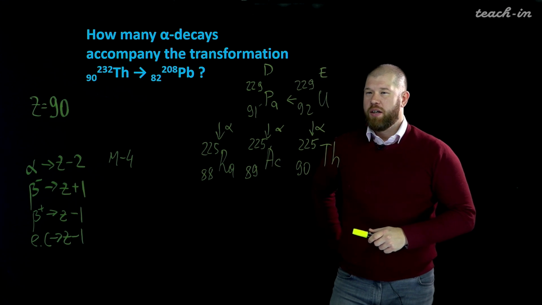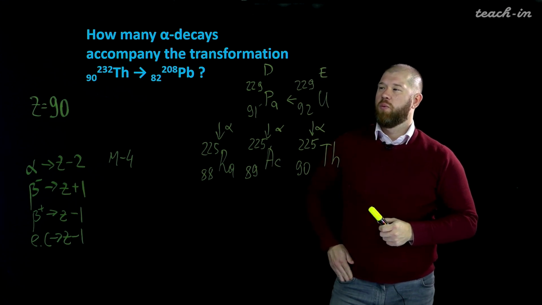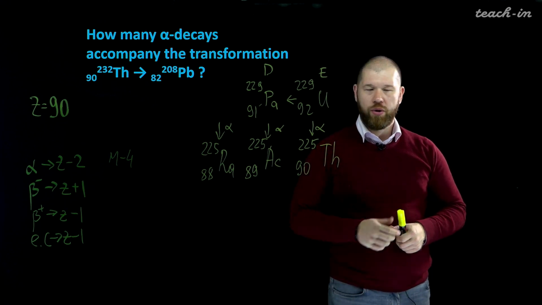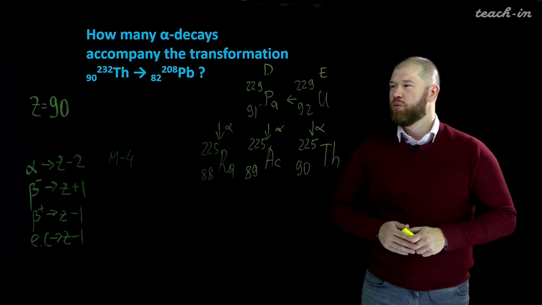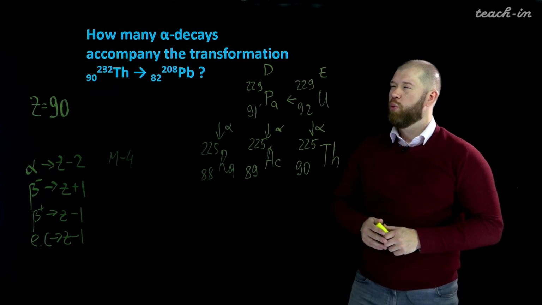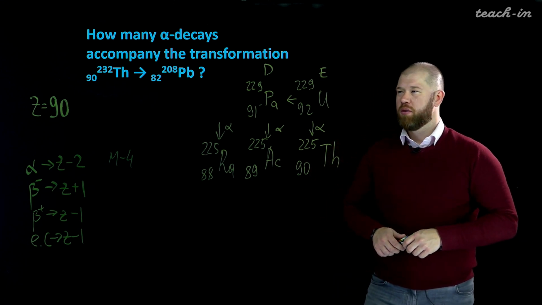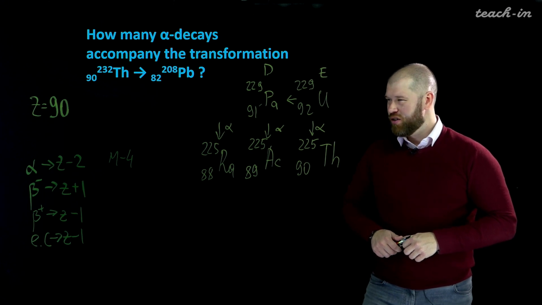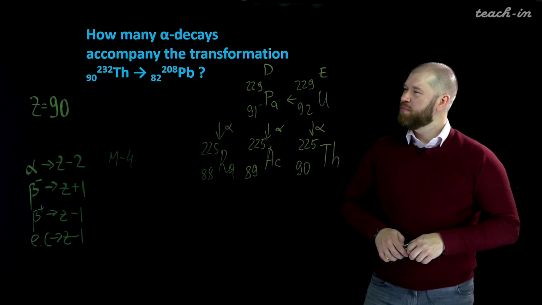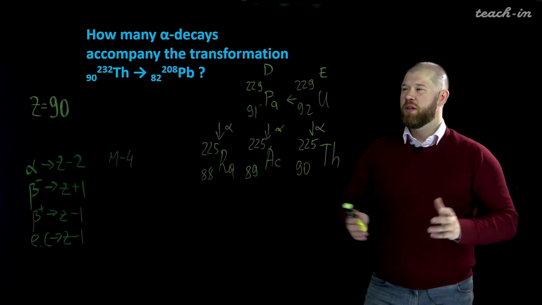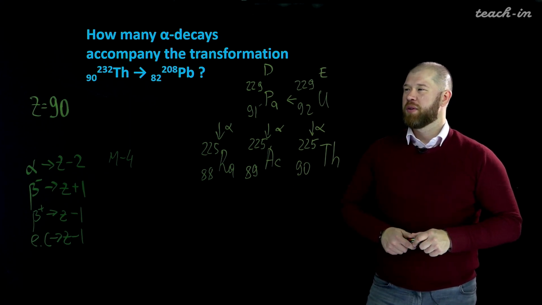How many alpha decays were there during this transformation from thorium 232 to lead 208? How do we calculate it? Also, we will add an additional question: how many beta decays were there? So, how to calculate this?